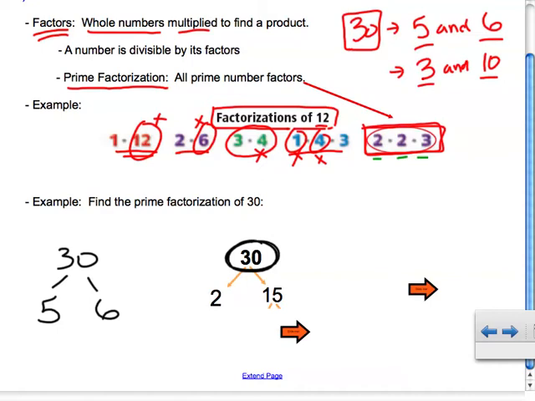Doesn't really matter which ones you start with because everything that is not prime continues to be broken up. So I would have to break up 6. In this case, I would have to break up 15 because it's not a prime number. Prime numbers have no factors that go into themselves besides themselves and 1. 2 is a prime number because the only things that divide into 2 are 2 and 1.